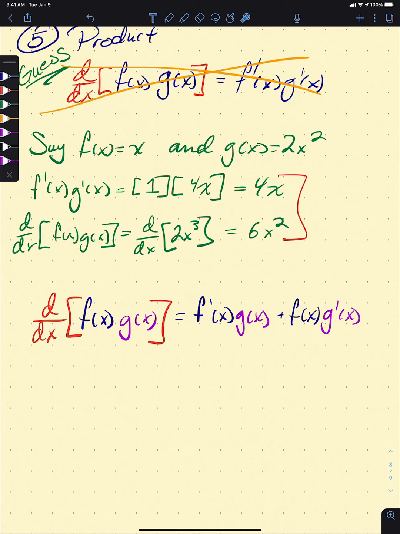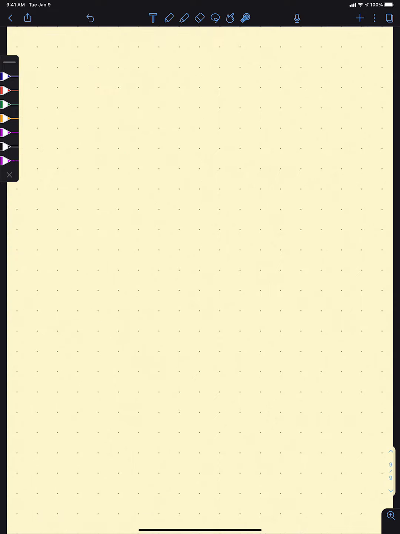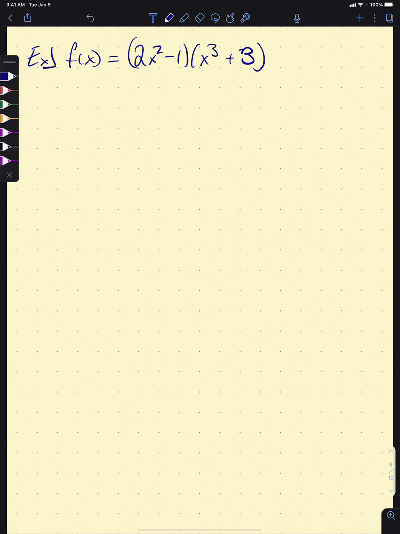And the best way to get used to these sorts of things is to run a few examples, okay? So let's say, for instance, we're trying to calculate the derivative of this guy. Say f(x) is 2x squared minus 1 times x cubed plus 3.